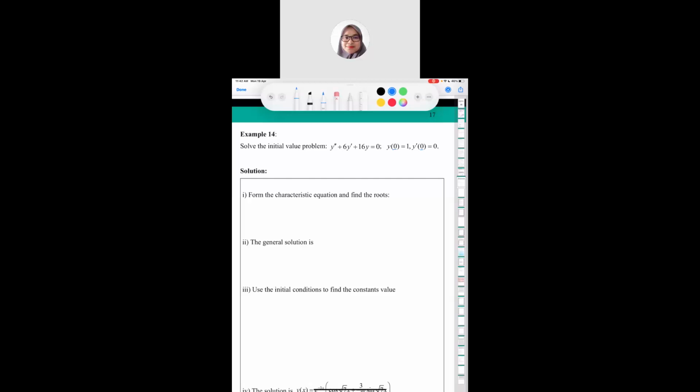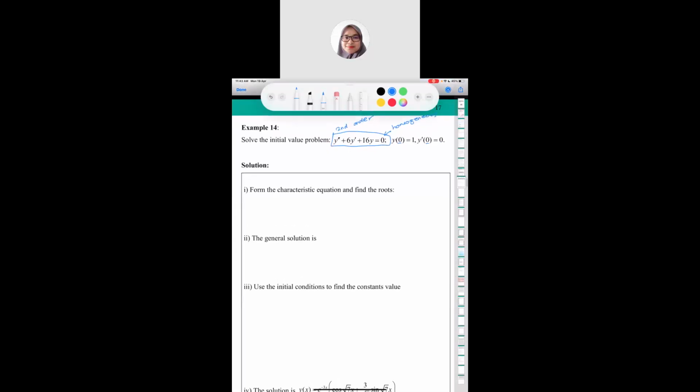So tengok you punya equation, kita tahu kita ada second order. Dan tengok kita punya f(x), dia adalah homogeneous equation. So we have second order homogeneous equation. Macam mana nak selesai? Terus tulis characteristic equation.